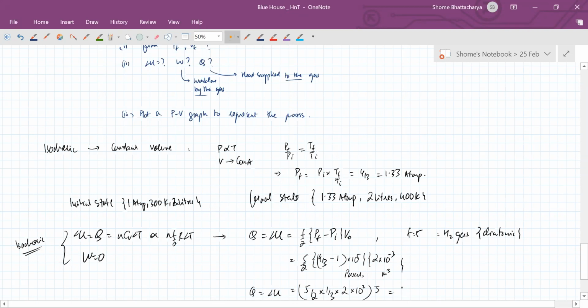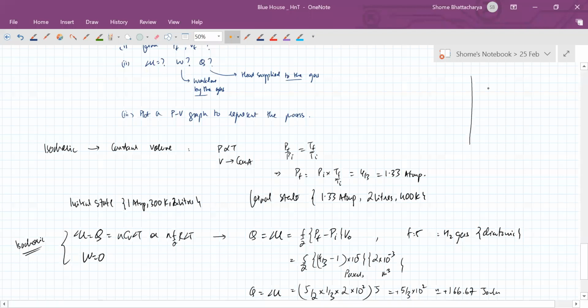So 5 by 3 into 10 raised power 2. That is approximately, with a positive sign. So heat is supplied and internal energy increases because it's an isochoric heating. Okay.